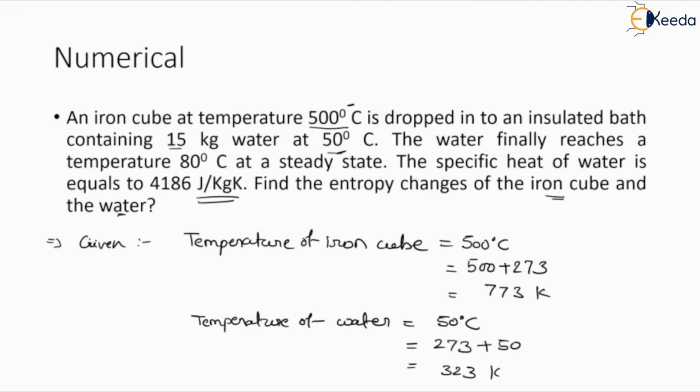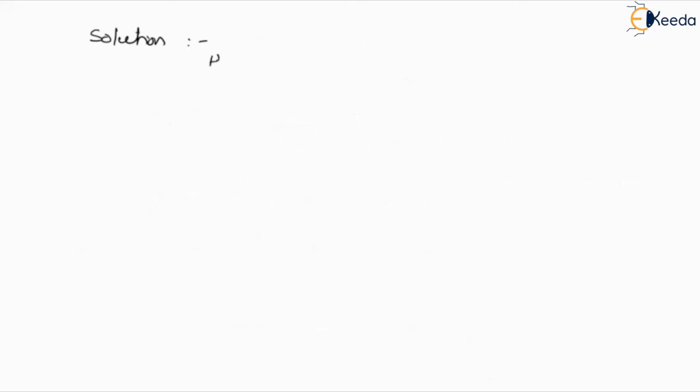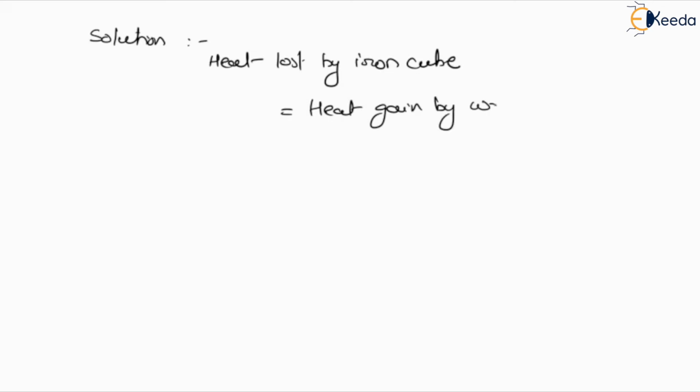Heat is defined by the formula m Cp dT, for the iron cube and likewise for the water.